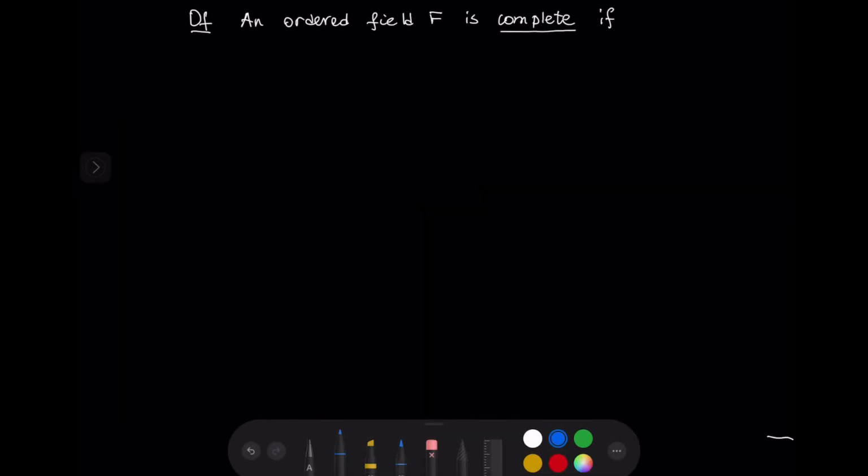So now that we defined a supremum and infimum, we can explain what it means that an ordered field is complete.